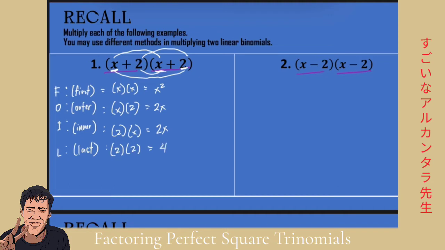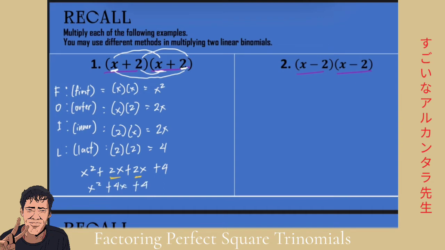And the next thing that we have to do here is to simply combine them. So x squared plus 2x plus 2x plus 4. And since we can still simplify 2x and 2x, we can still add them. Our final answer here should be x squared plus 4x plus 4.